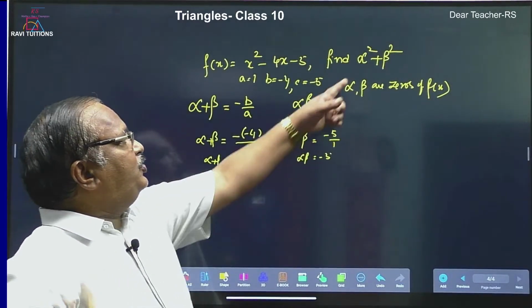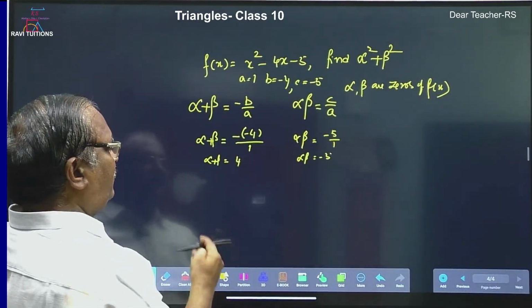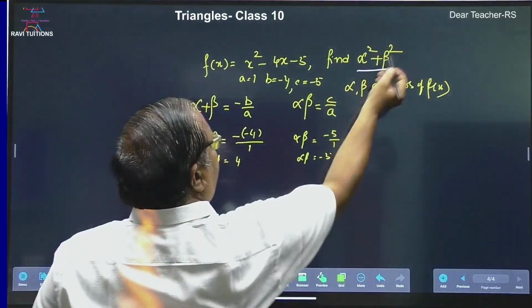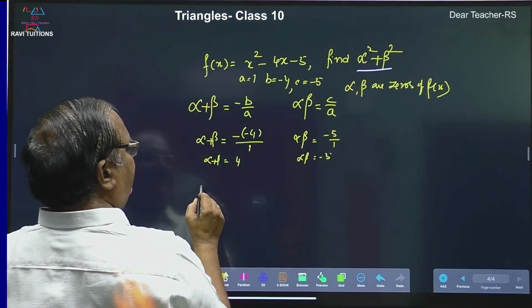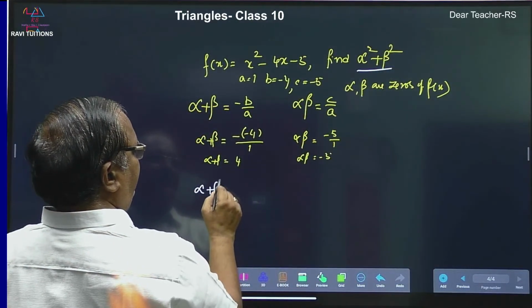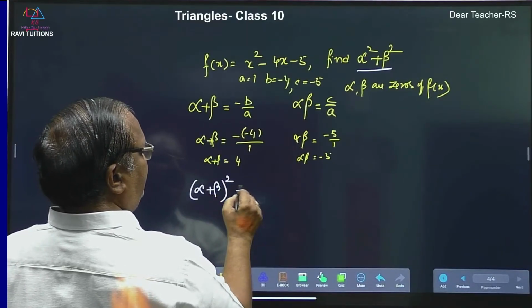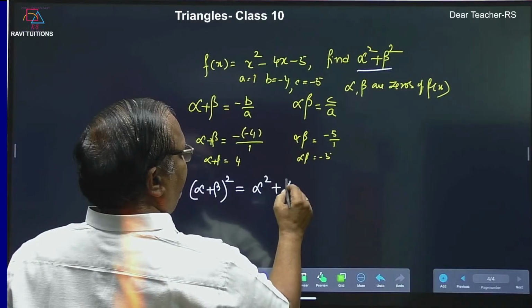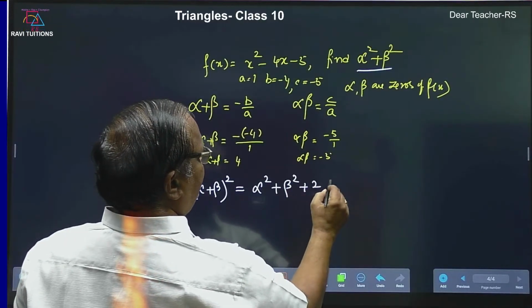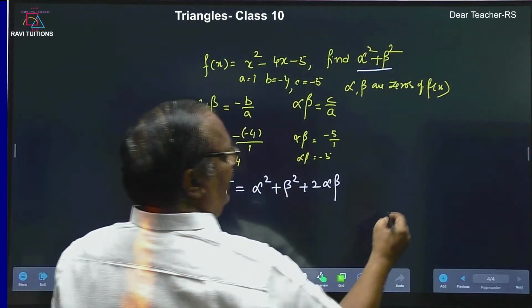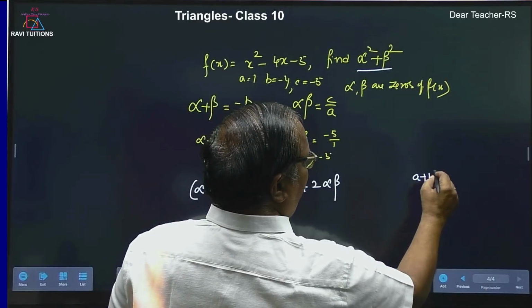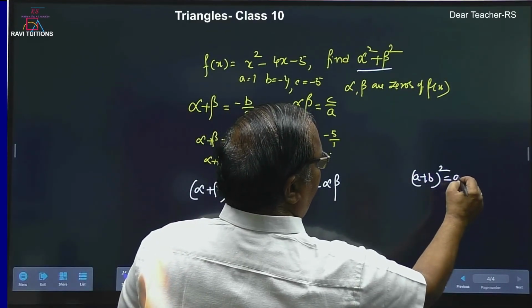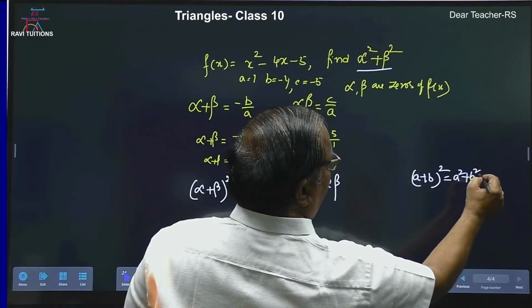Using these two, you should find out that. This has squares, this is not having squares. So let us square it first. Alpha plus beta whole square is equal to alpha square plus beta square plus 2 alpha beta. I have used the a plus b whole square formula: a square plus b square plus 2ab.